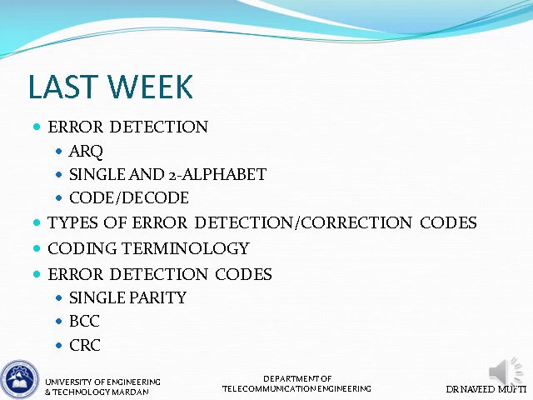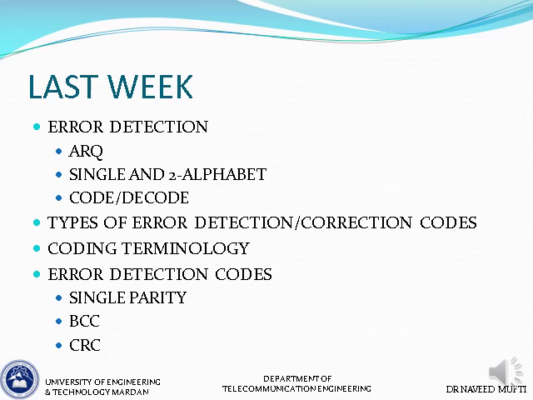So last week we looked at error detection. First of all, we looked at different automatic retransmission query techniques, and then we went on to look at some single and two alphabet examples from English language. It was followed by a code decode example, a paragraph from English language, just to give you an idea of how error decoding works.